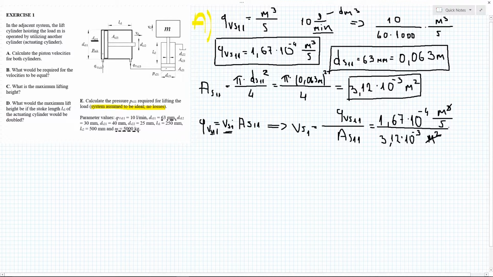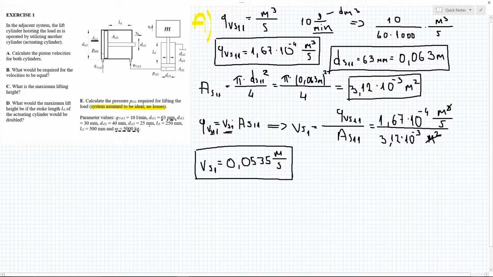Up here we're only going to have meters per second left, and the speed of the piston number 1 is going to be 0.0535 meters per second. This is the speed of our first piston, the actuating piston.